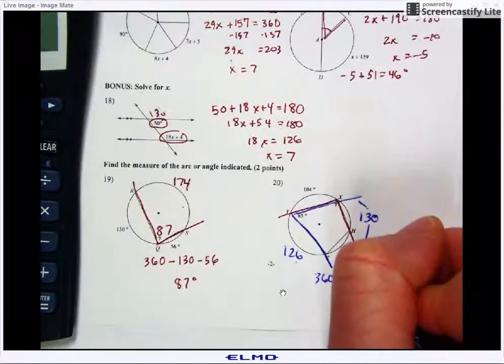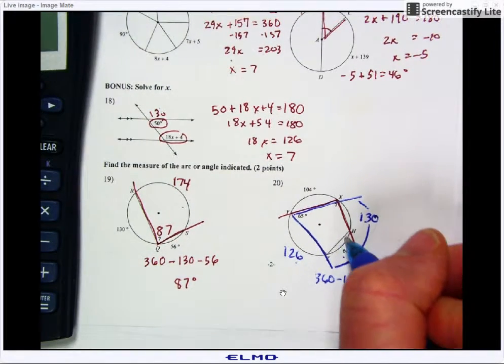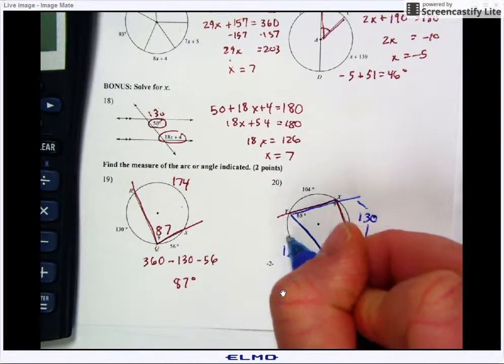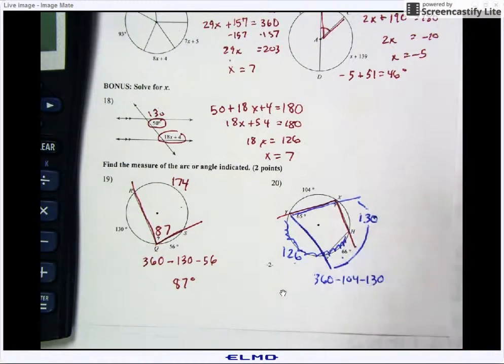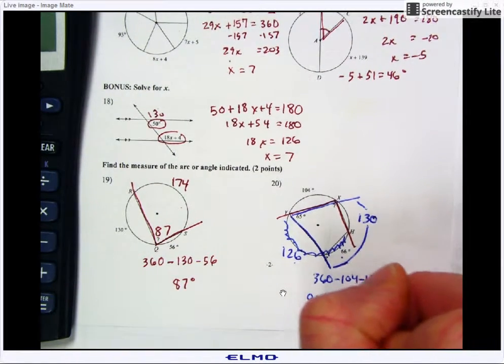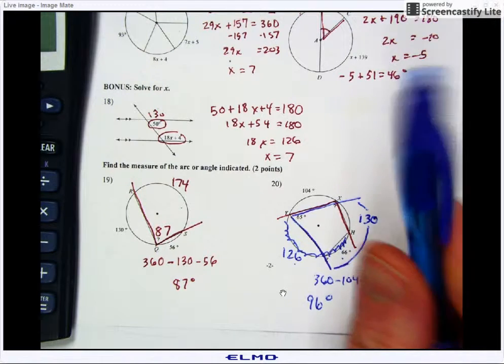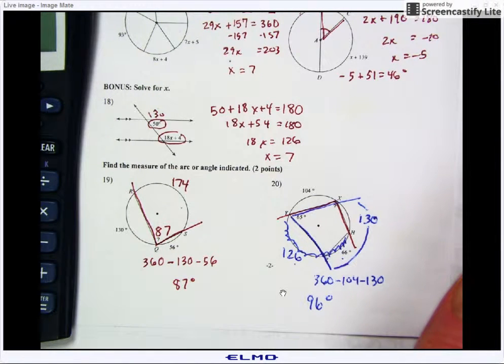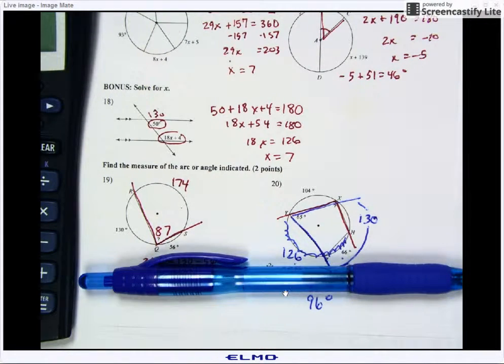So 126 plus 66 will tell me the arc that's intercepted. And that's 192. Divide that by 2, you get 96. Those are ones that are a little more complicated, but that concludes the first 2 pages.